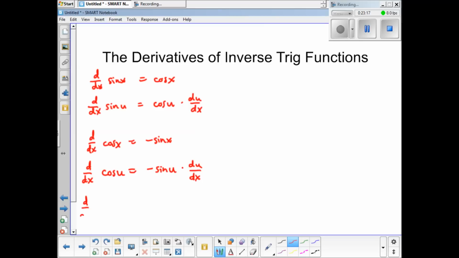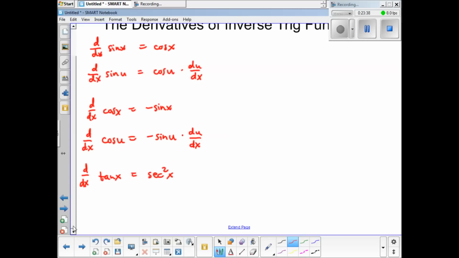And we have one for tangent, which was secant squared x. I'll just put in the x one first here. And the chain rule version, and we also have them for the cosecant, the secant, and the cotangent.